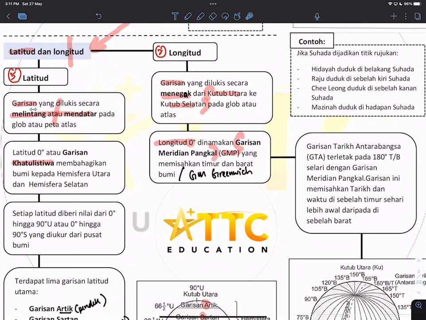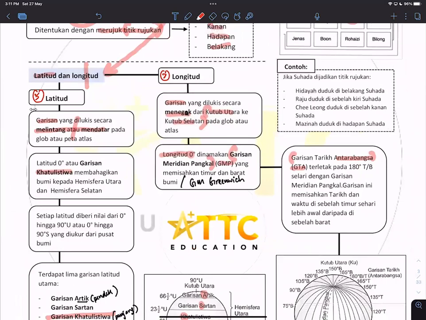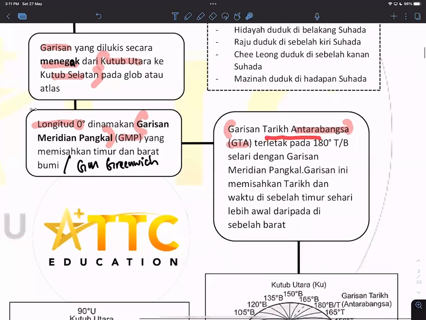Another opposite one is GTA, what we call garisan tarik antarabangsa. So this is for 180 degree. Okay, so what is the fungsi for garisan tarik antarabangsa? The keyword is tarik antarabangsa, which means to memisahkan tarikh dan waktu di sebelah timur compared to the west side.